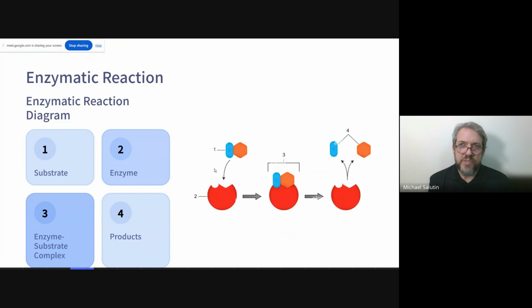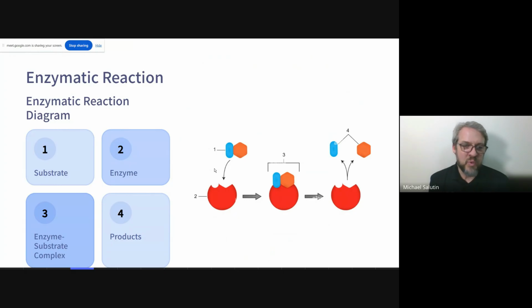There's a specific reason why catalase does this. Catalase breaks down hydrogen peroxide in the liver, which is a toxic substance that needs to be made harmless. So we'll use the enzyme catalase as an example here.